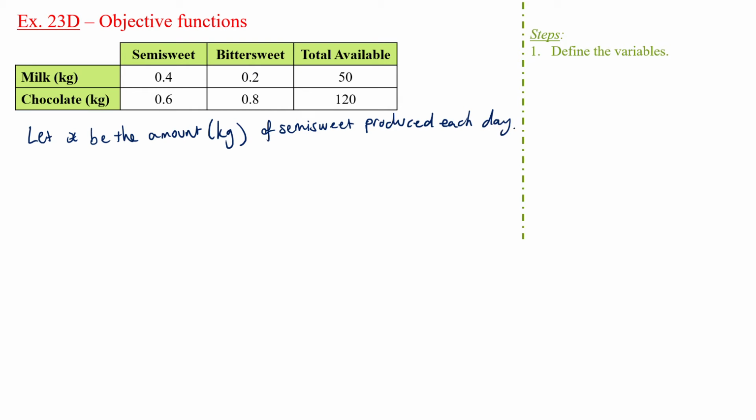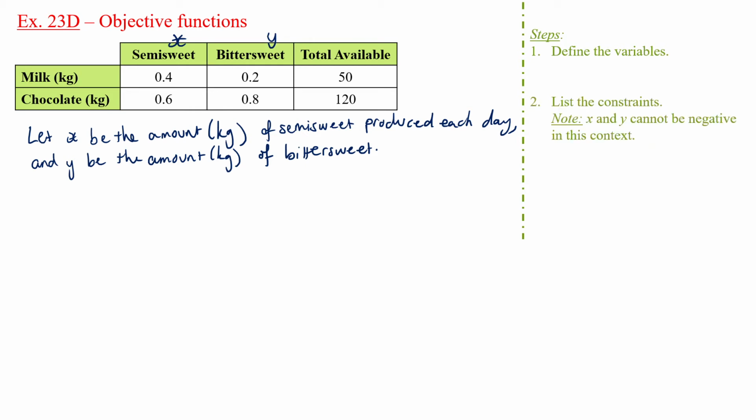And Y can be the amount, also in kilos, of bittersweet. All I've done here is make it very clear to whoever is marking my work later what each variable is. So I've said X is my semi-sweet and Y is my bittersweet.